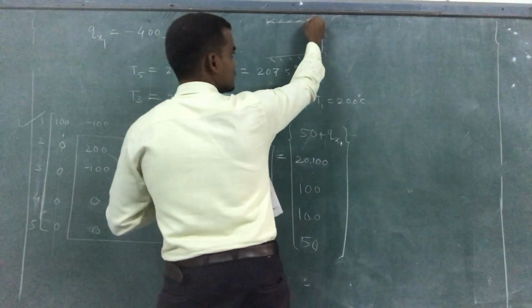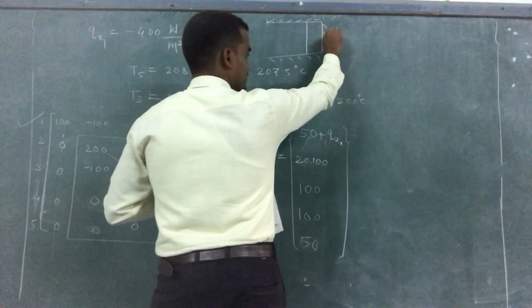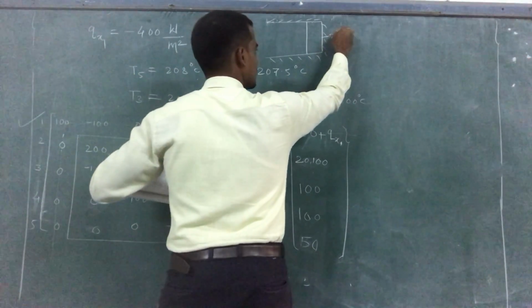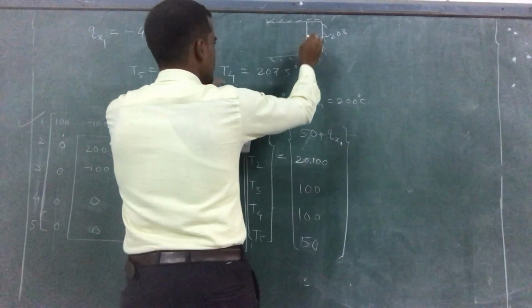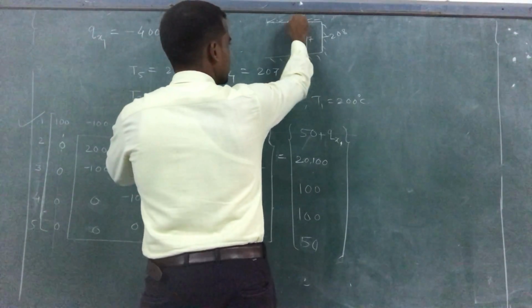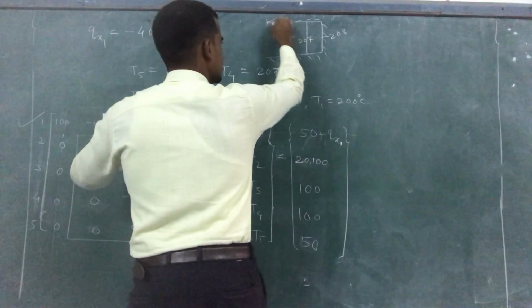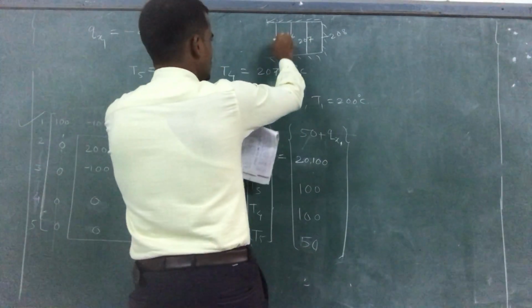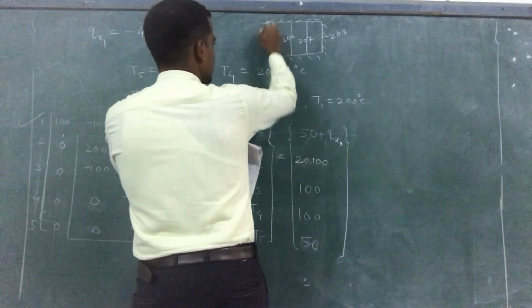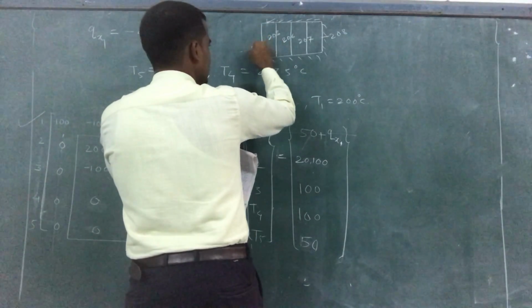So it means what? T5 is 208, T4 is 207, T3 is 206, T2 is 203, and finally T1 is your 200.